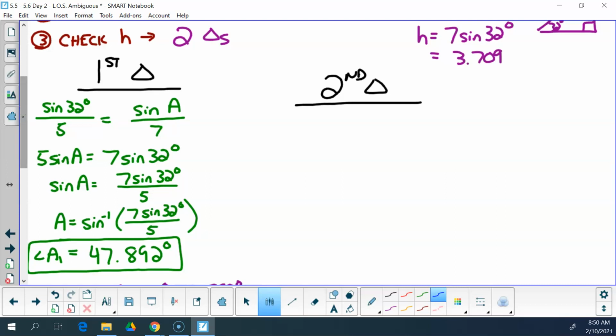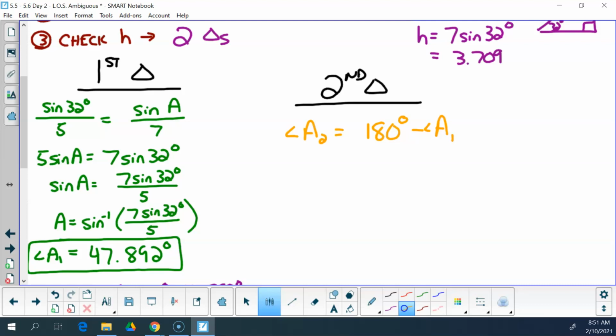The first angle A sub 2, because we found angle A first, is always going to be 180 degrees minus angle A sub 1. Okay? So we're going to take whatever angle you found first in the first triangle, you find the supplement to it. 180 degrees minus that angle, that's your other angle.